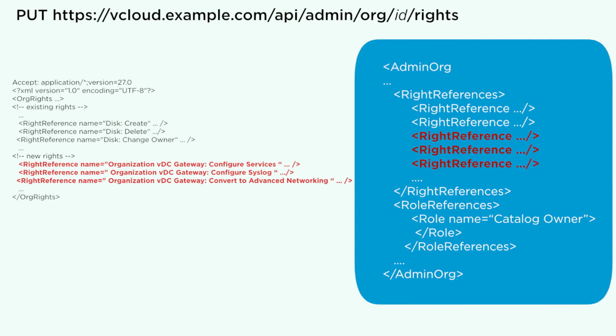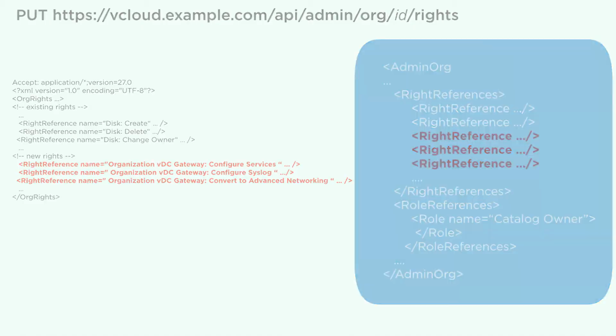Edit the returned list of org rights to add new rights you selected from the system's rights references. You can remove existing rights if you need to, but any roles in that organization that require those rights will no longer have them. Update the organization's org rights with a PUT request to the organization's rights URL.